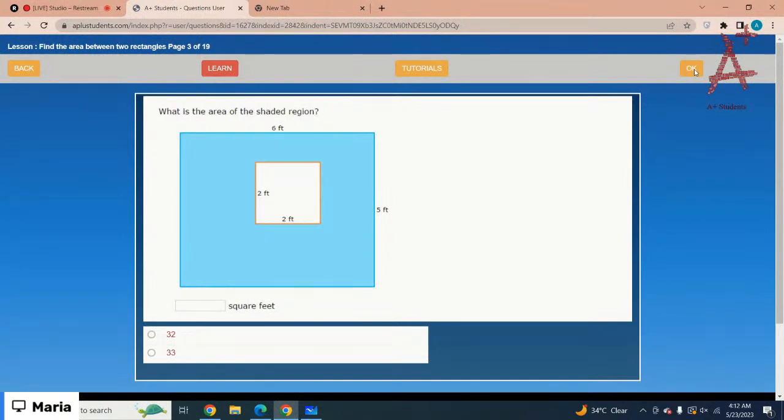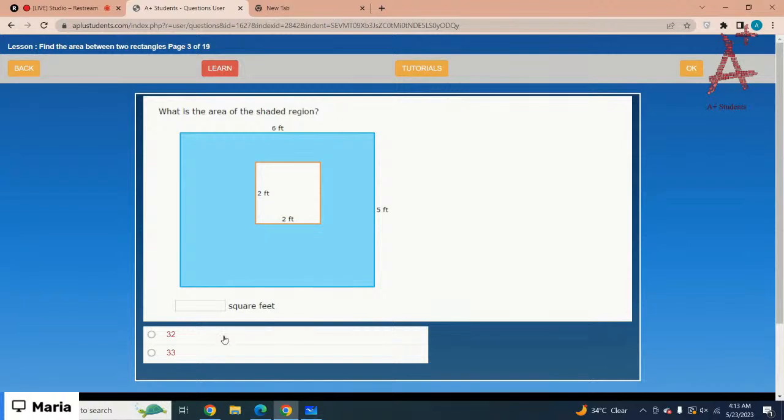Okay, what is the area of the, that's exactly the one we just did, but the answer is different. For the outer one, it would be 6 times 6. I think the outer one is the square in this case, because 6 times 6 is 36 and 36 minus 4 would be 32.